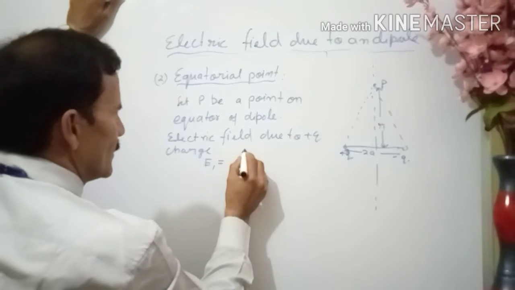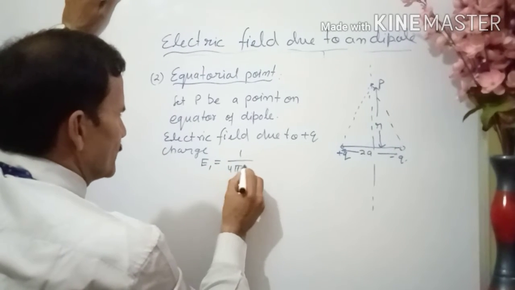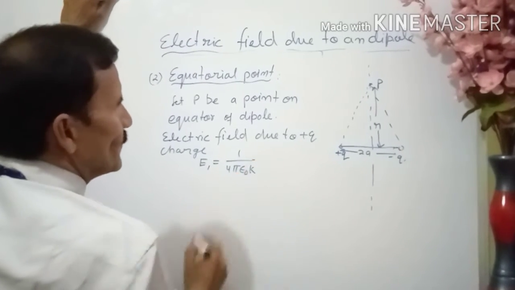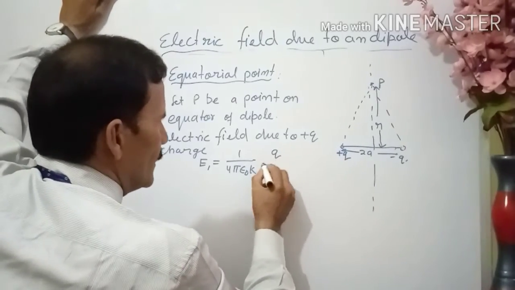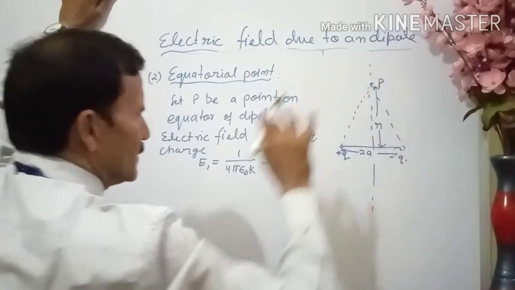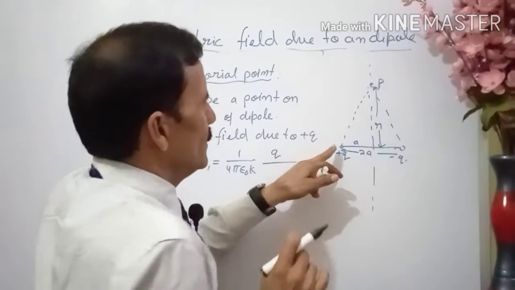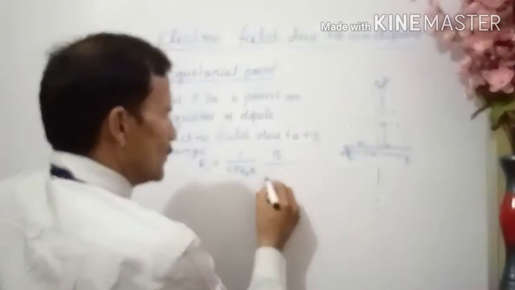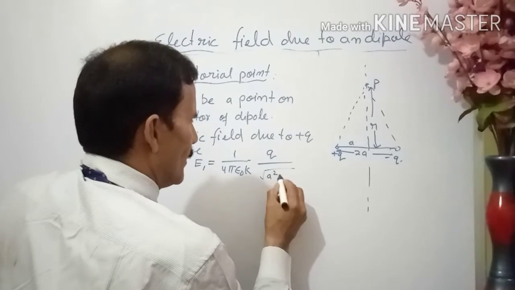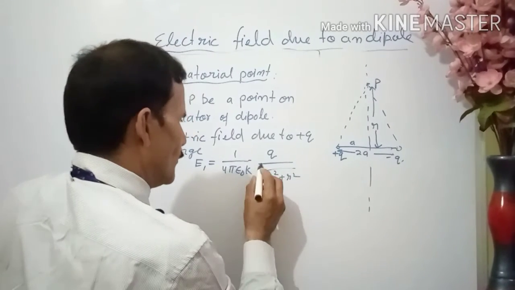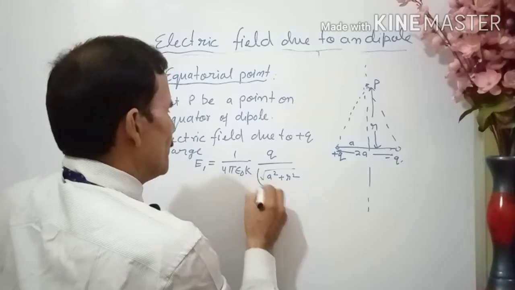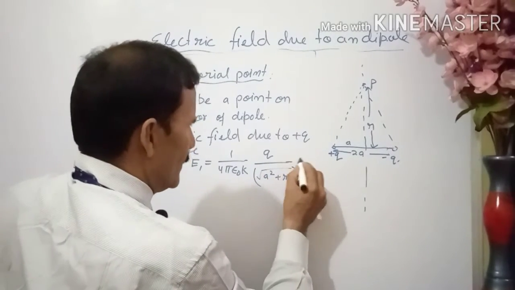E1 is equal to 1 upon 4 pi epsilon naught K, and Q upon what can be this distance? This is R, this is the hypotenuse, so it is nothing but A square plus R square, you know the Pythagoras theorem, upon whole square.